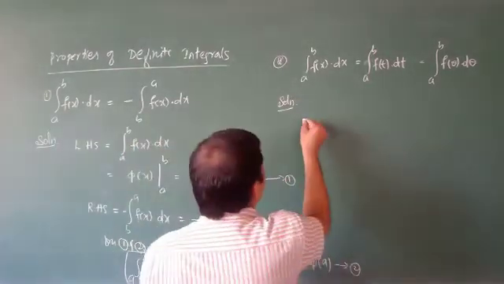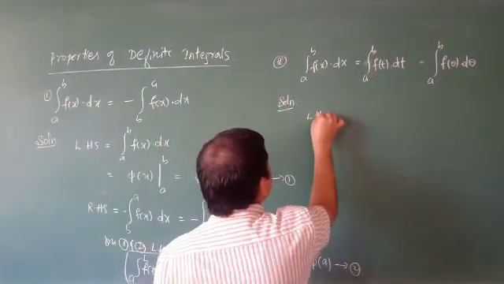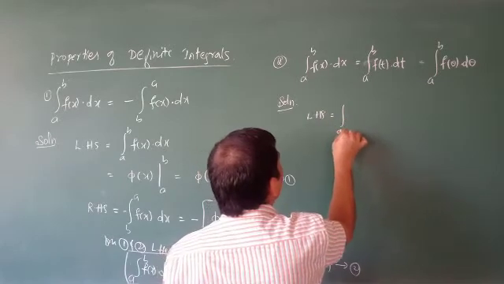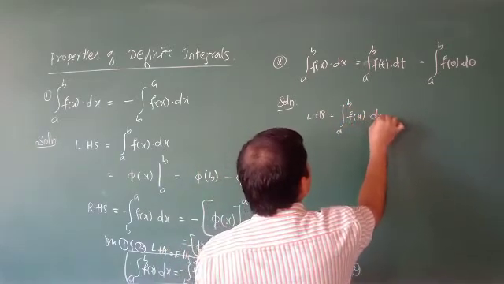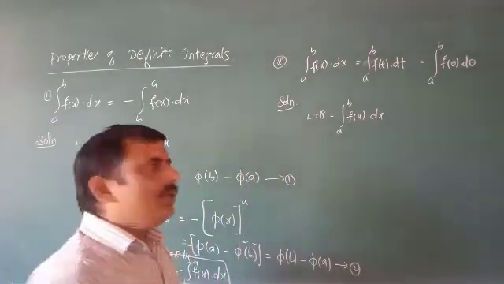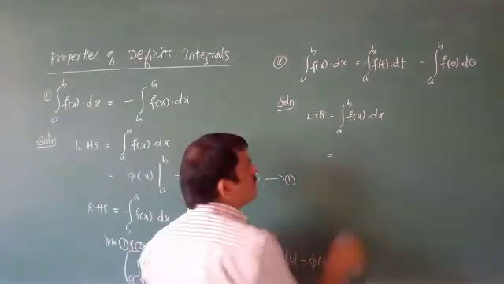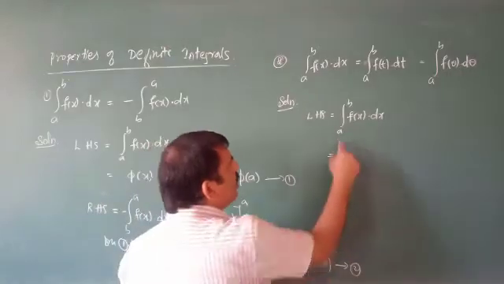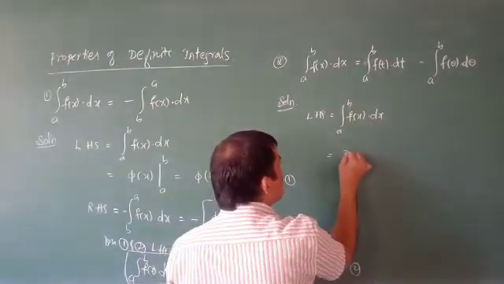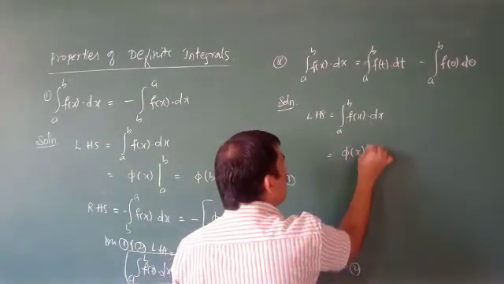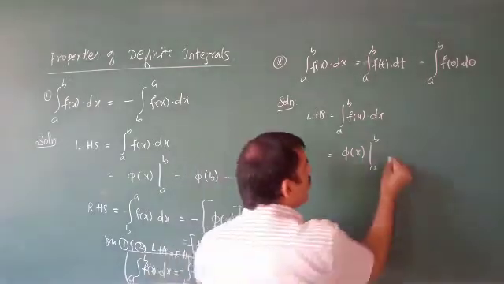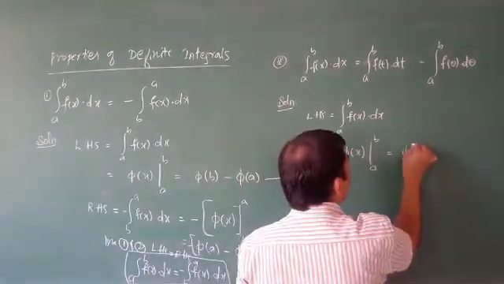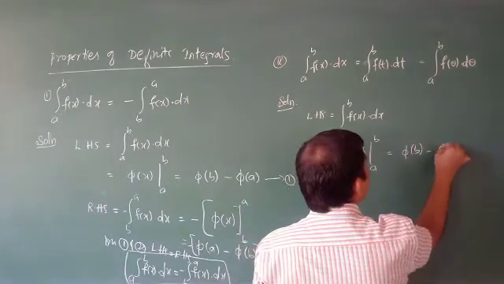The property: LHS is equal to the integral from a to b of f of x with respect to x, which is equivalent to phi of x from a to b, which is phi of b minus phi of a.